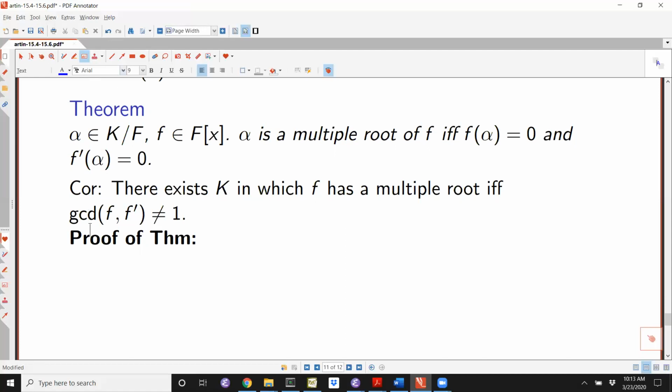Alpha is a root if and only if f of alpha equals 0. That's the root theorem.